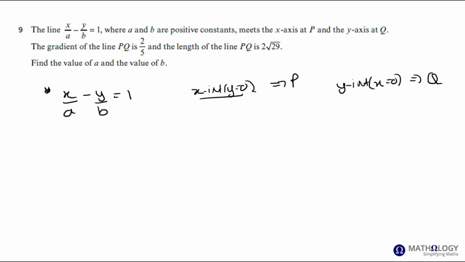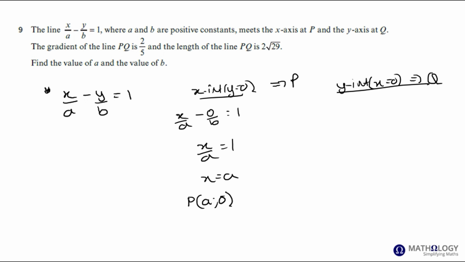So we'll worry about that once we've actually established the coordinates of P and Q. So for the x-intercept, we put y equal to 0. So x over a minus 0 over b equals 1. x over a equals 1, so x equals a. That means that P is the point (a, 0).